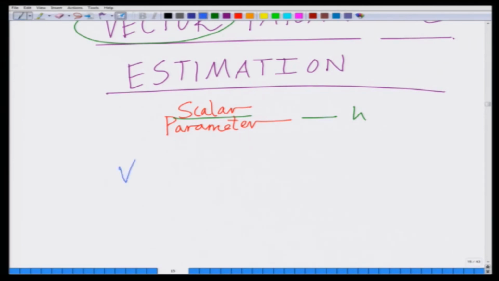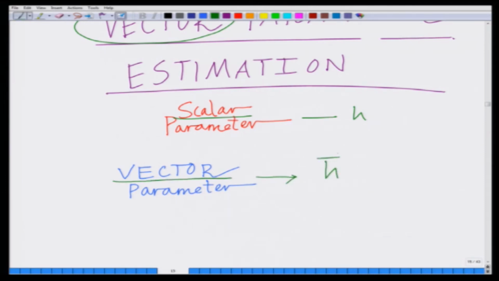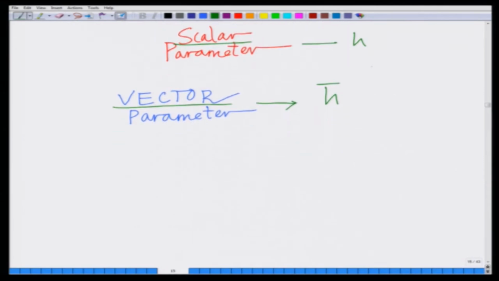estimation of a vector parameter. Similar to the notation that we use for vectors, we are going to denote this by vector h bar.